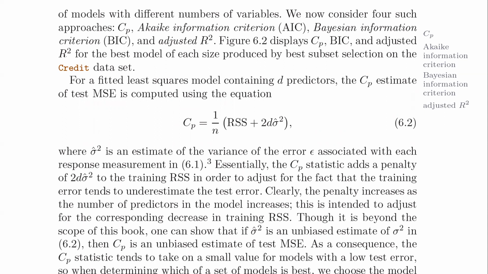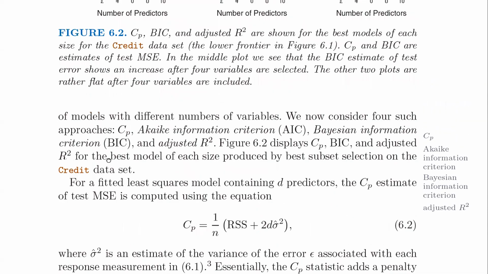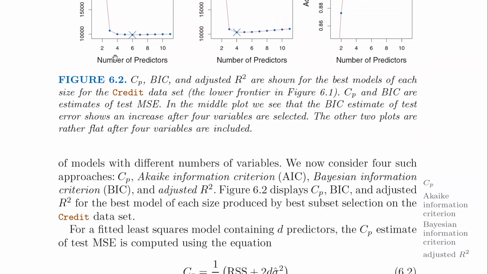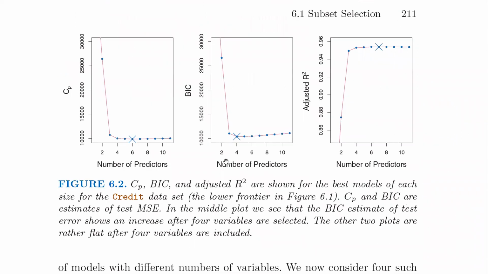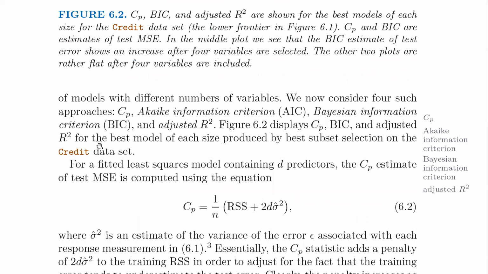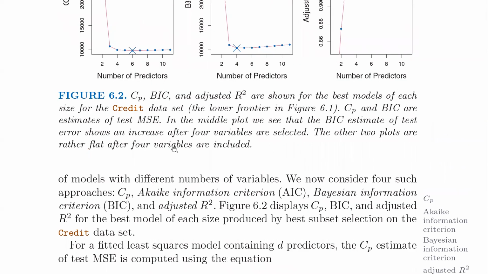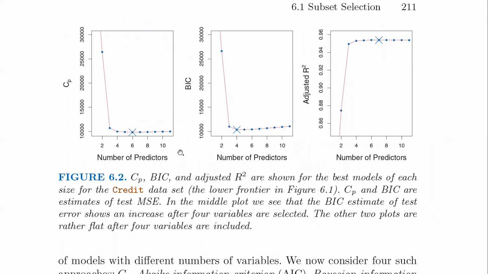Figure 6.2 displays CP, BIC, and adjusted R squared for the best model of each size produced by best subset selection on the credit dataset. Remember those M0, M1, M2? Okay.